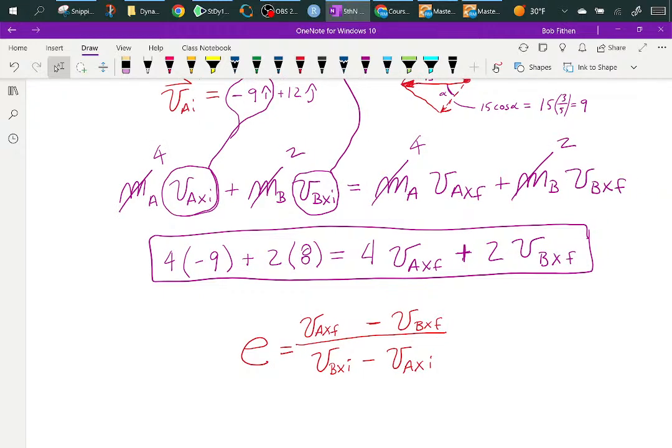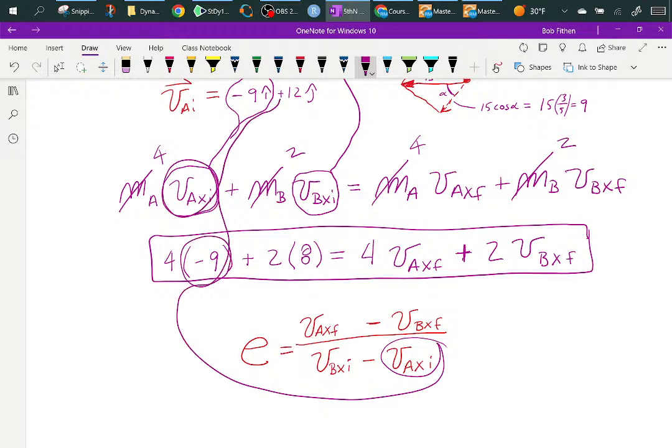So first, this term is the same as that term, which is the same as that term.